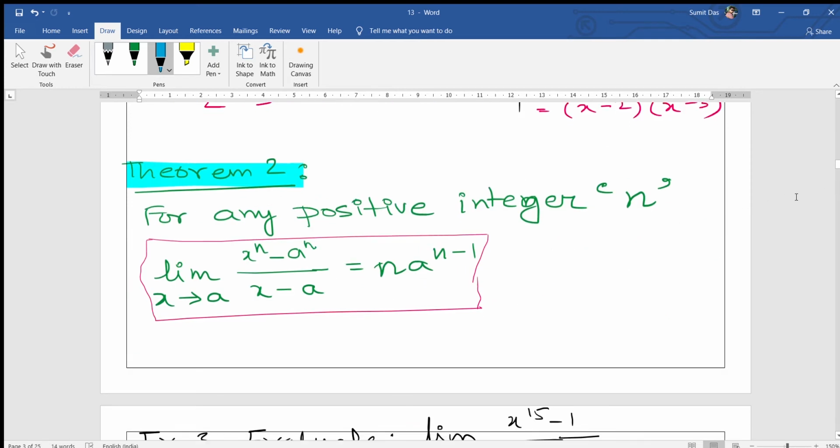Before question number 8, let me explain theorem 2 and a few theorems, then we'll understand. Theorem 2 and theorem 5 are very important and useful.